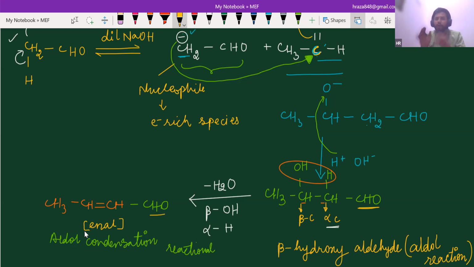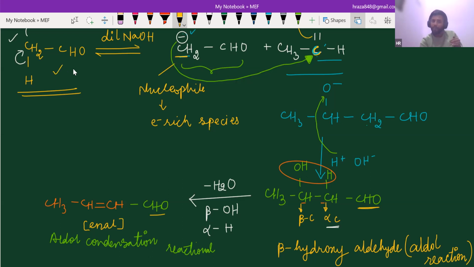Very good. So what you need to do, just see, there are two types of aldol. One is simple aldol and another is cross aldol. We are focusing right now on aldol reaction or aldol condensation reaction. So just take the first mole and remove H plus, the alpha hydrogen. If you remove H plus, the carbon which is connected with alpha hydrogen will get a negative charge.